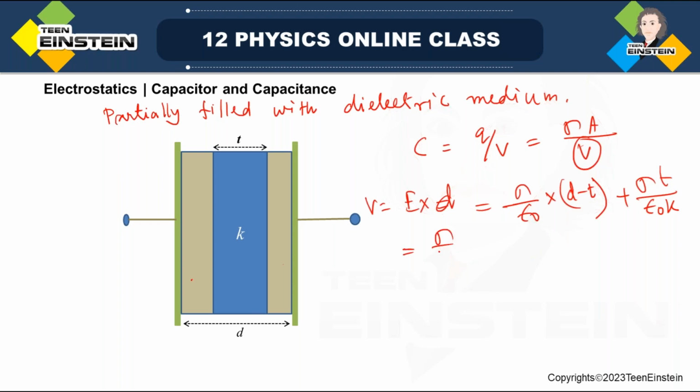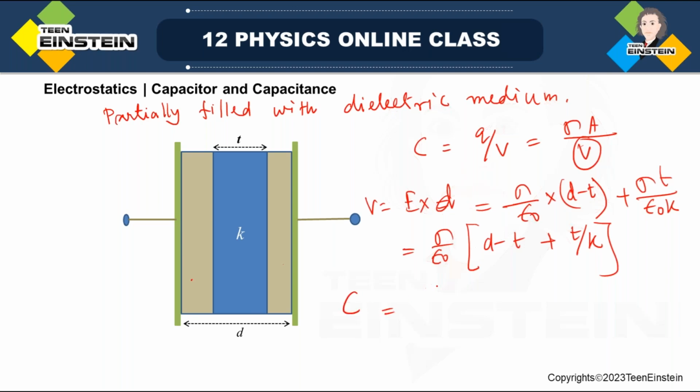Okay, so we have got the potential. So sigma by epsilon 0, this we can take common. Then we have D minus T plus T by K. So this is what we get, the V. Now this is C0, right? Whatever it is, let me just put it in the master equation.